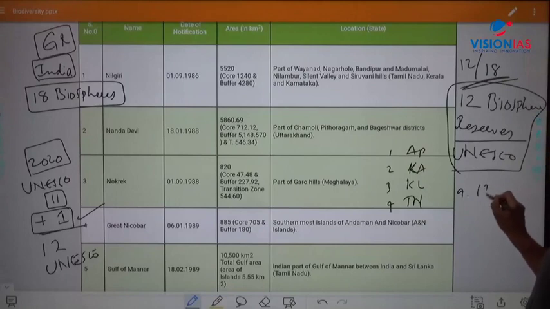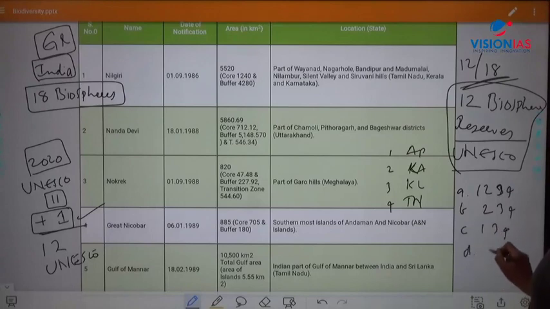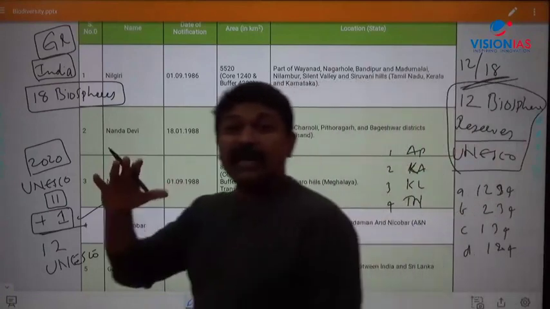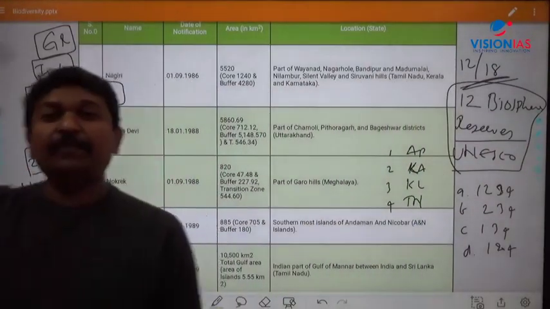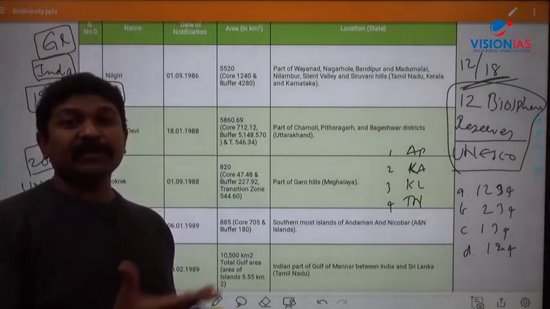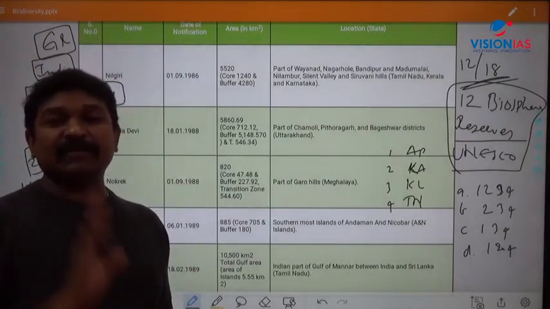A: 1, 2, 3, 4; B: 2, 3, 4; C: 1, 3, 4; D: 1, 2, 4. This was the question which was asked till 2012. Very broad. Very broad means what? Nilgiri Biosphere, which state? Only state was asked.